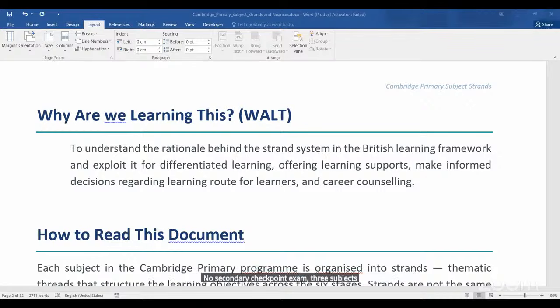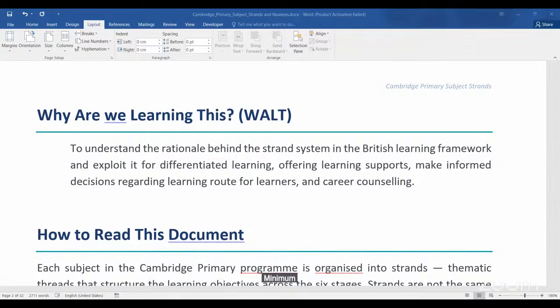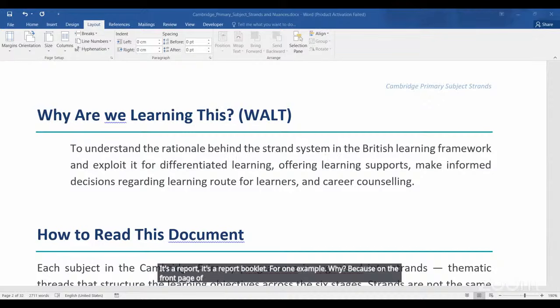It is in the IGCSE upper secondary that they write a maximum of 7, minimum of 6 subjects. Now, when you see a report sheet, it's not a report sheet, it's a report booklet for one exam. Why? Because on the front page you're going to see what the child scores in mathematics.